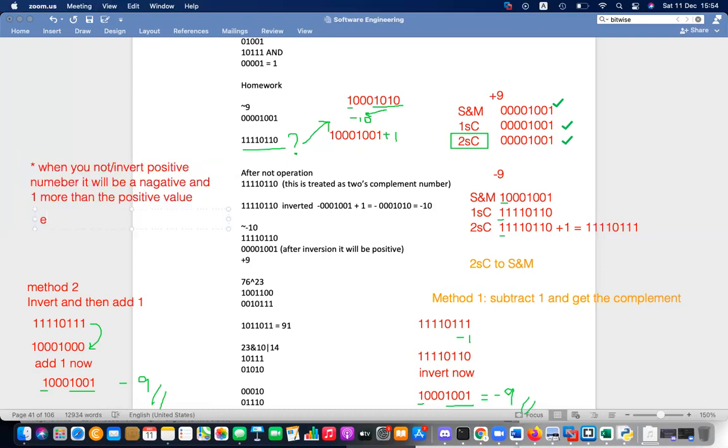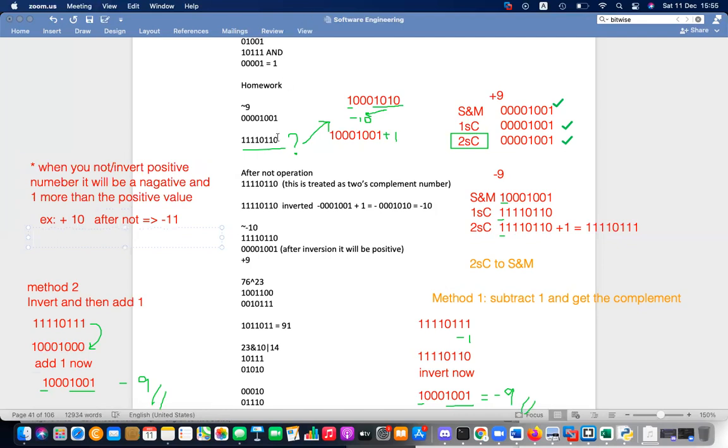So example, +10 after not will be -11. This is the typical Sri Lankan note.